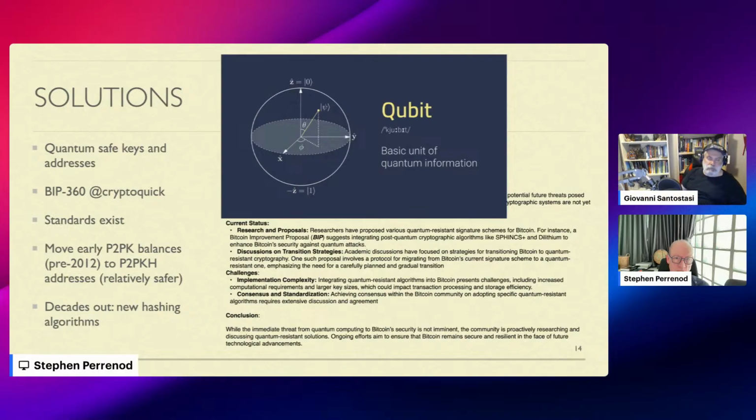So those would be the standards that would be adopted. There's one other. But there's complexity around the implementation. To implement quantum resistant algorithms into Bitcoin increases computational requirements and requires substantially larger key sizes.